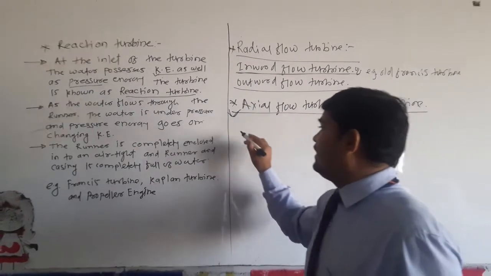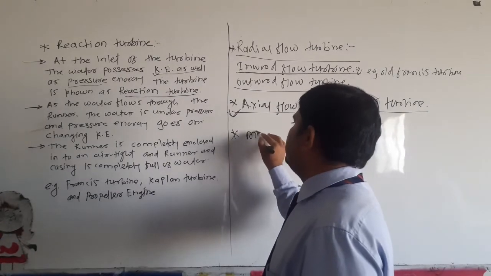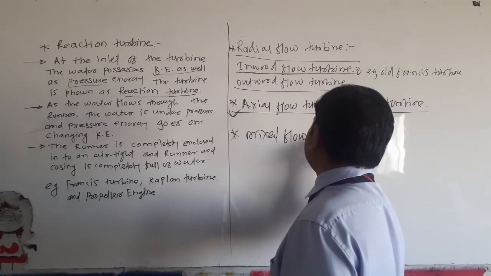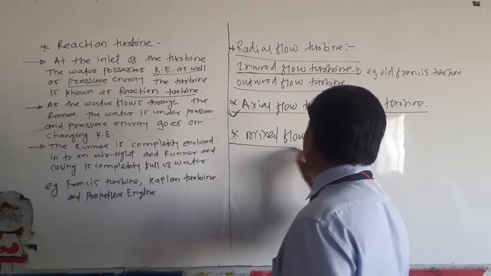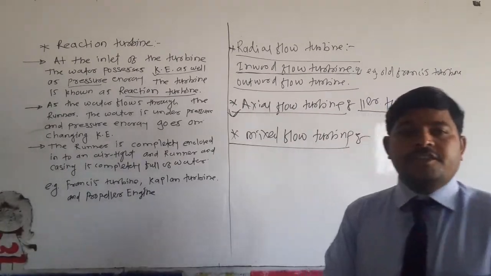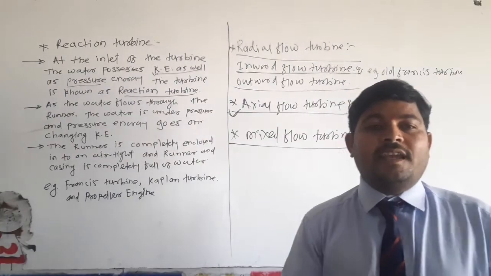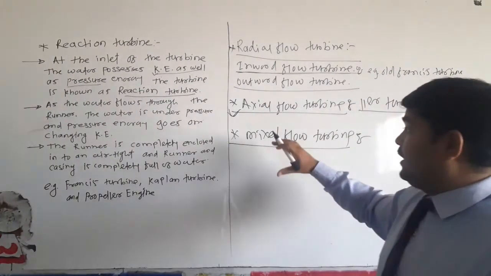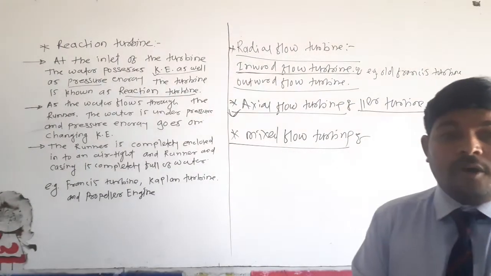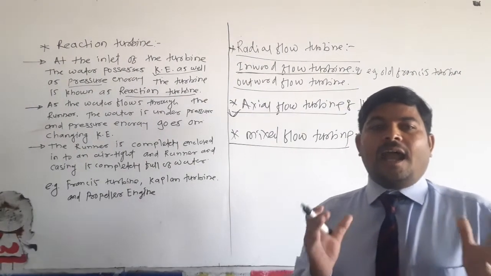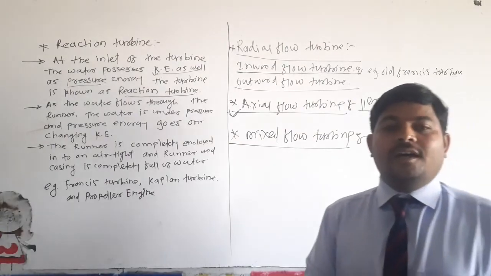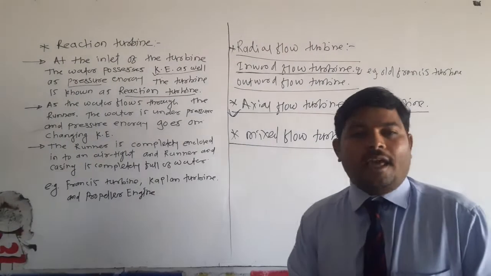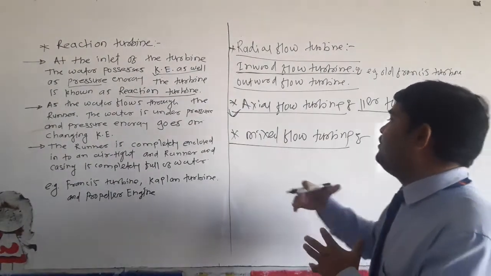And the last one is the mixed flow turbine. In the mixed flow turbine, the water enters at the periphery of the runner in the radial direction and leaves at the center in the direction parallel to the axis of rotation.